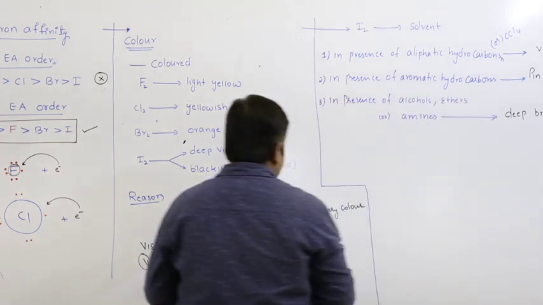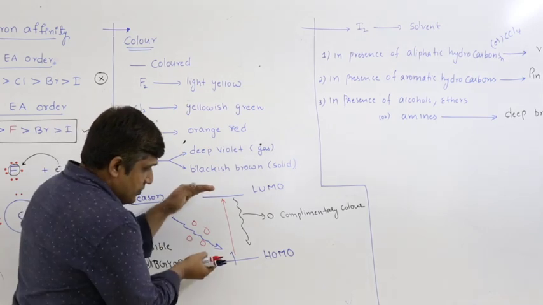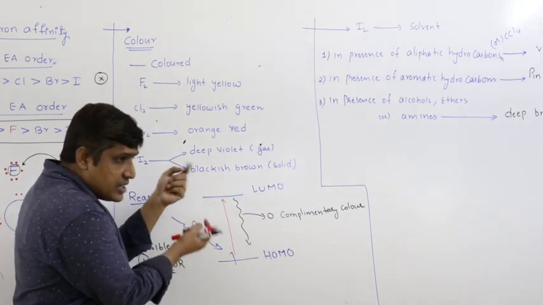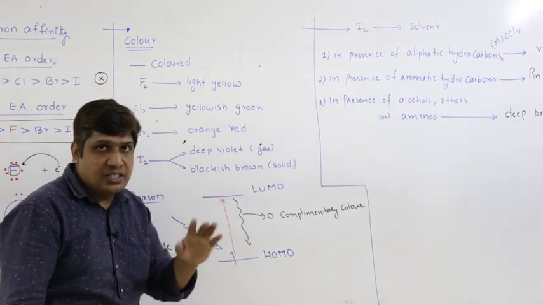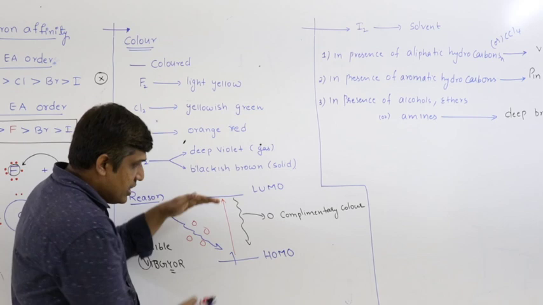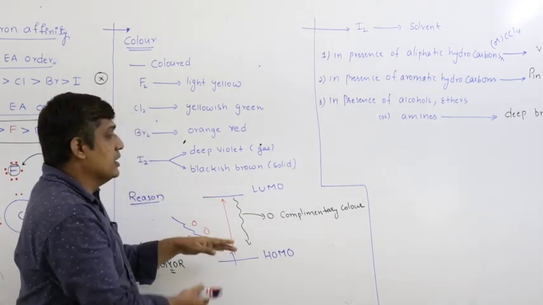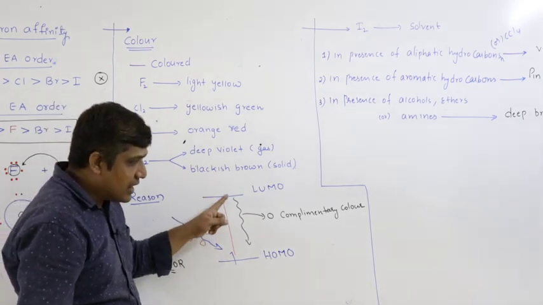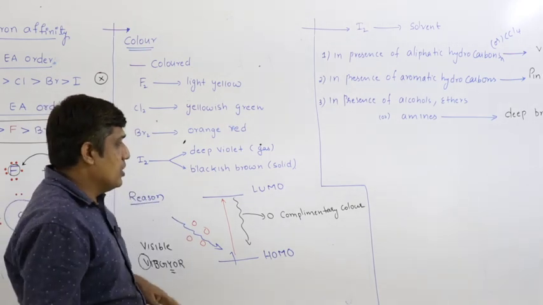So here, what is happening? When the color changes, if this energy difference is increased or decreased, the energy required to excite and the energy emitted during de-excitation change. Once again, if the energy difference between HOMO and LUMO is altered, then the energy required to excite the electron and the energy released will change correspondingly.